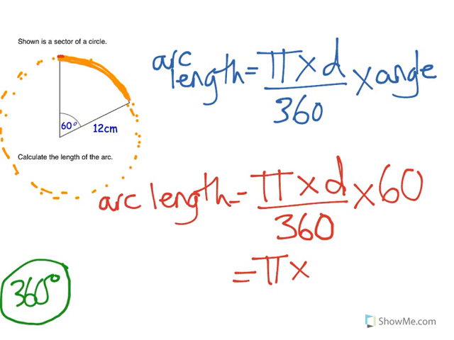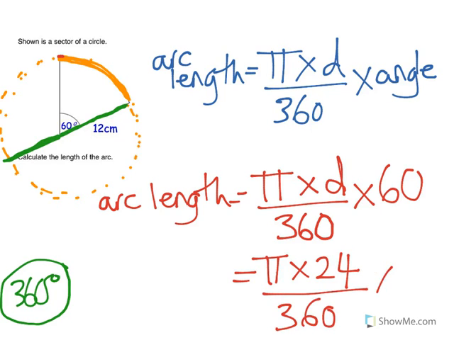Now remember, this part of the circle is the radius, and we need to double that in order to get the diameter. So the diameter for this particular question is 24, and you need to divide that by 360 and times by 60 to calculate my final answer. Now it's just a case of typing that in and rounding your answer to 1 decimal place.